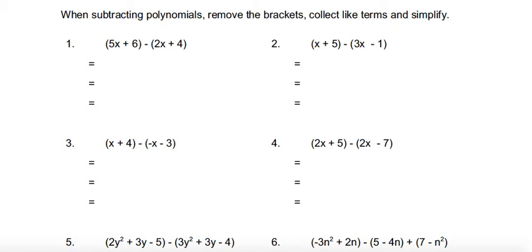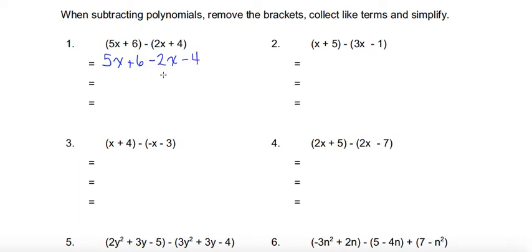And then we can collect our like terms and simplify. So the first bracket stays exactly the same. The first polynomial stays the same. So there's nothing you need to worry about changing for that. So the 5x plus 6 stays as a 5x plus 6. The subtraction sign here shows us that we now need to write the opposite polynomial. So the 2x becomes a negative 2x and the 4 becomes a negative 4.